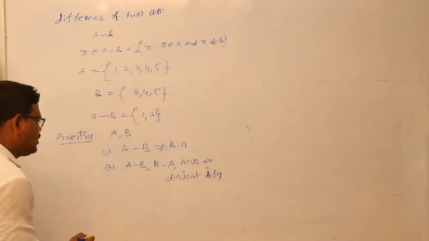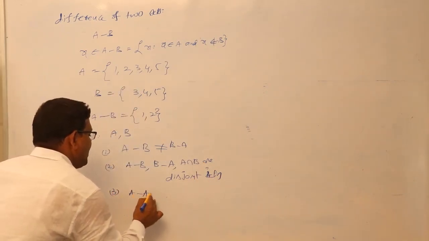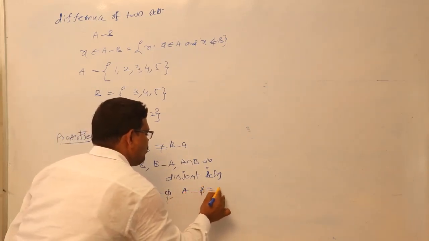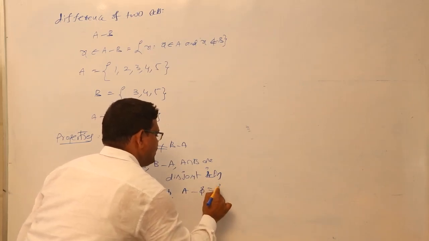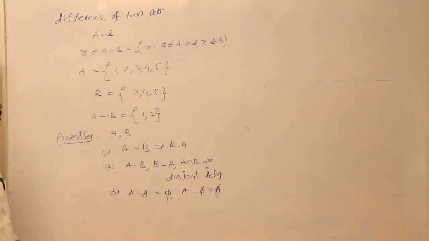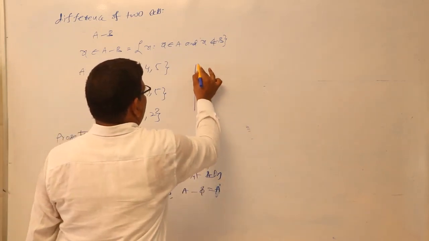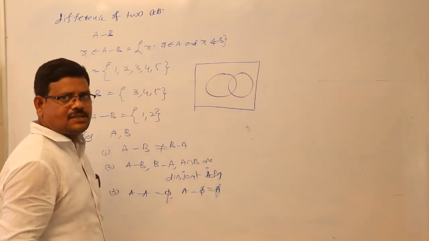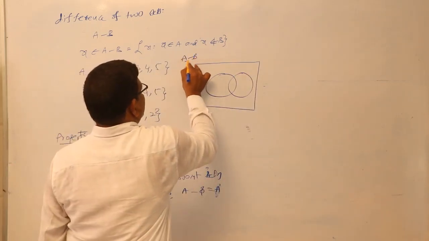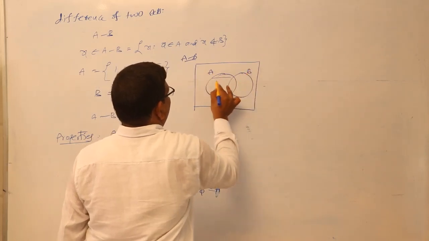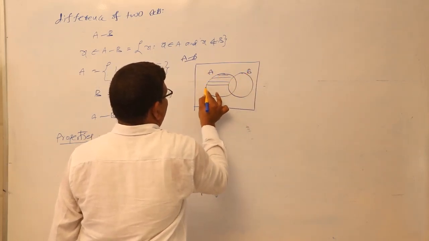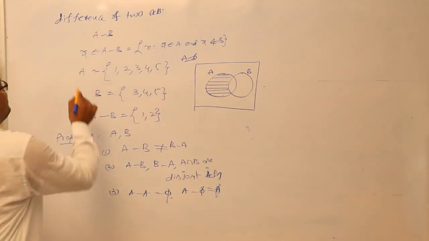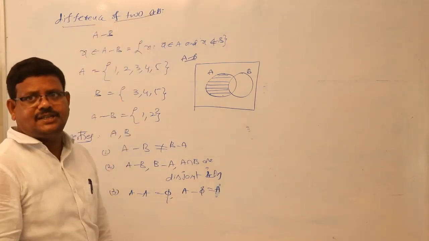Third, A minus A equals phi, and A minus phi equals A. In a Venn diagram, for two sets A and B, this region is A minus B, the difference of two sets.